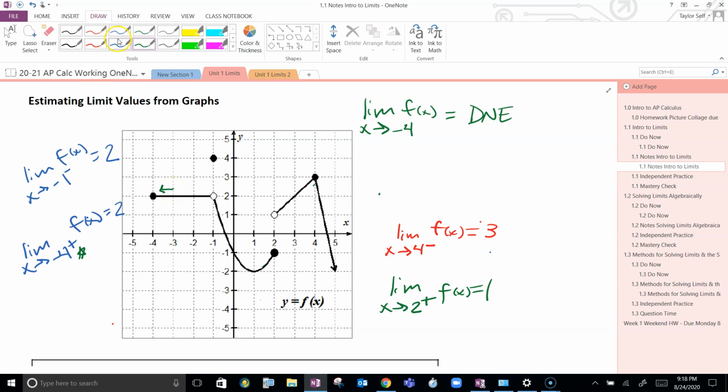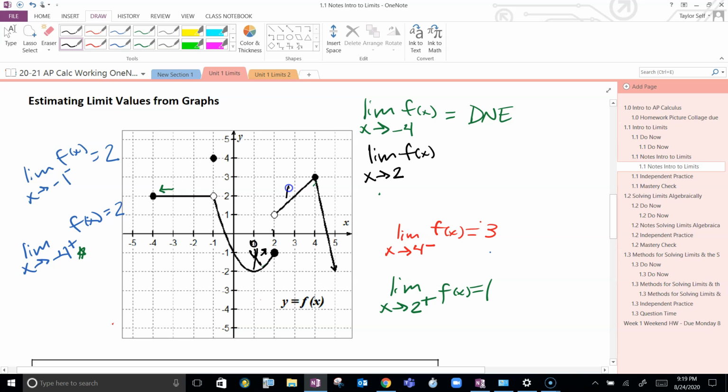Let's do another one where the limit doesn't exist. Okay, so we have limit as x approaches 2. This is just a general limit. We need to put ourselves on the line on the left of x equals 2. So here's where x equals 2 is. Put myself on the line on the left and go towards 2. Put myself on the line on the right-hand side of 2.